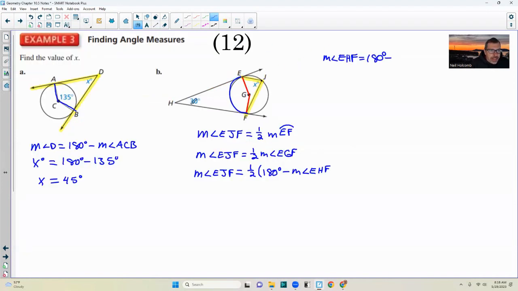So EHF equals 180 minus the measure of EGF. EHF we know is 30 degrees, so 30 equals 180 degrees minus the measure of EGF.